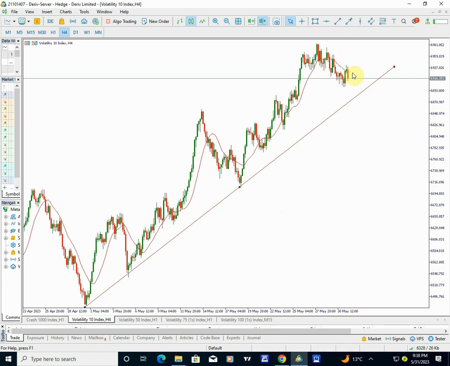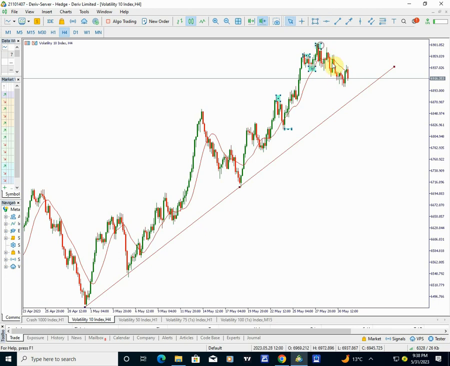Why is the market falling? On this 4-hour time frame, the market was making higher highs and higher lows. It made a high, then a lower high, then another high here and a few lower highs, and then another high here.